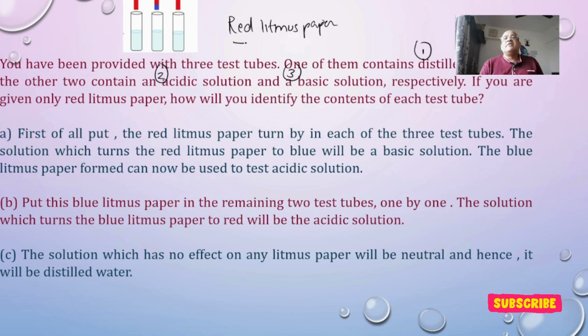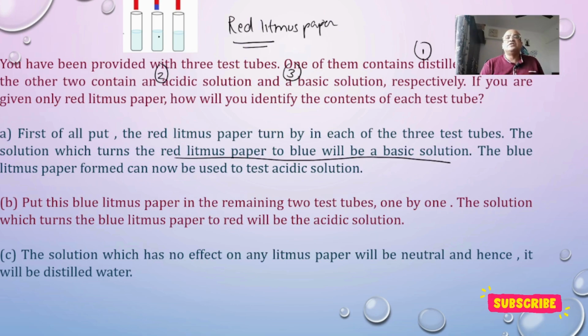But here they have given us only red litmus paper. By using this red litmus paper, we need to identify the solutions. First of all, put the red litmus paper turn by turn in each of the three test tubes. The solution which turns red litmus paper blue will be basic.